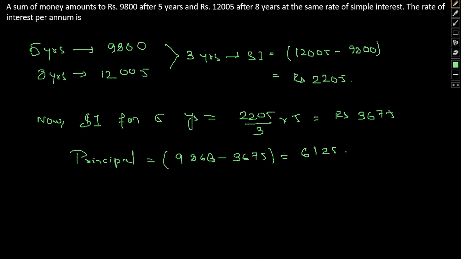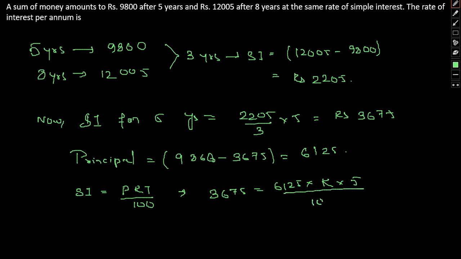Now we already know SI is given by P R T divided by 100. So SI here is given by 3675, principal is 6125, rate we need to find out, time is 5 years, divided by 100.